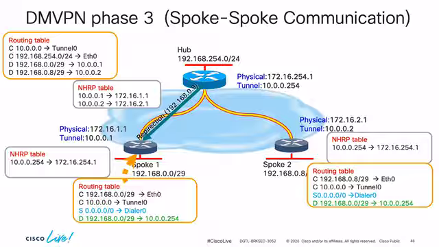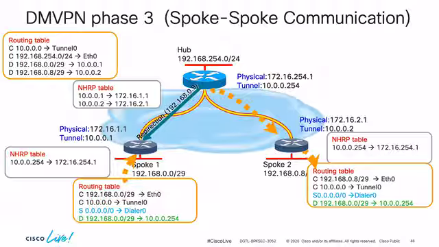And while it is sending out a redirection packet, it's also going to forward that particular packet to spoke 2. So remember, when the spoke-to-spoke communication channel is being built, the data packets are not dropped, they are still forwarded via the hub. Okay.